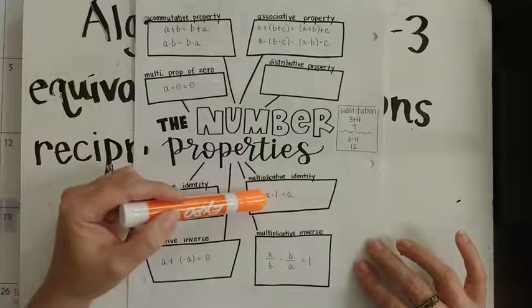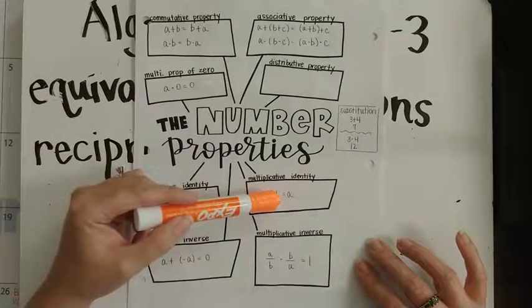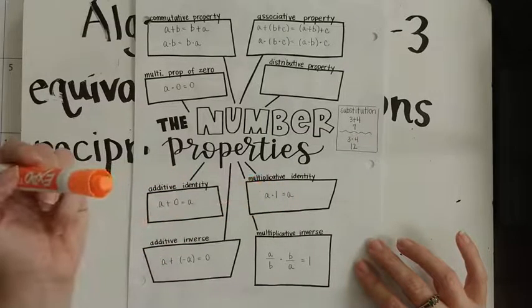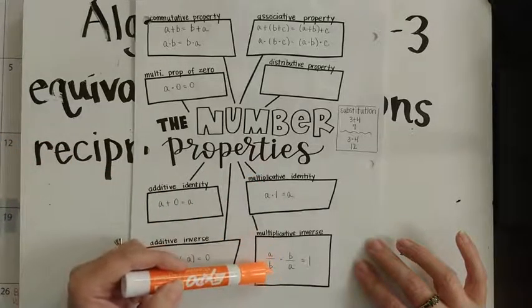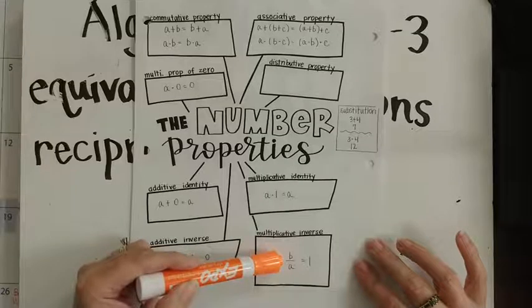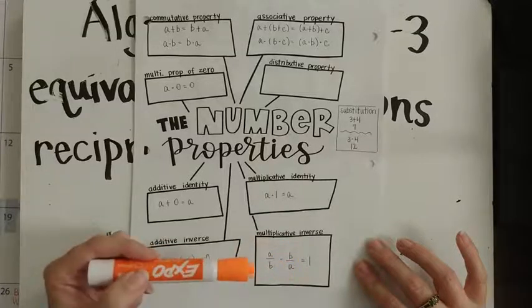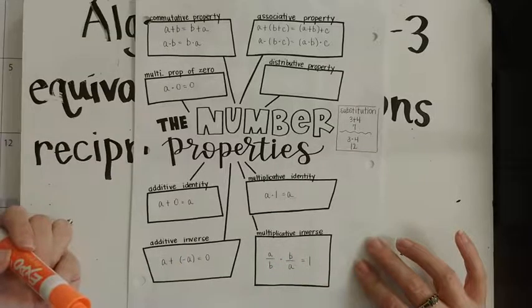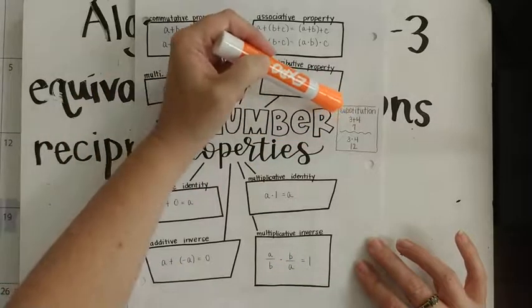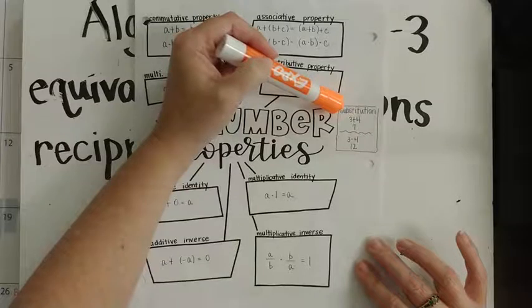Multiplicative identity means if you have a number and you multiply it by 1, you get that number. Multiplicative inverse means if you have a fraction and you multiply it and flip it over, it equals 1. And one that we're going to add to our properties list is called substitution.